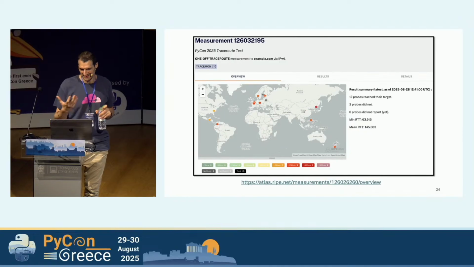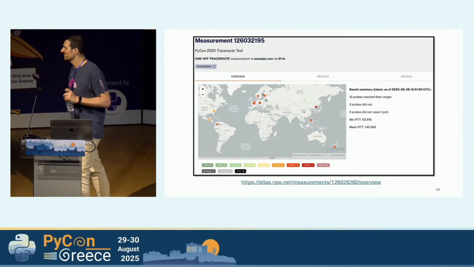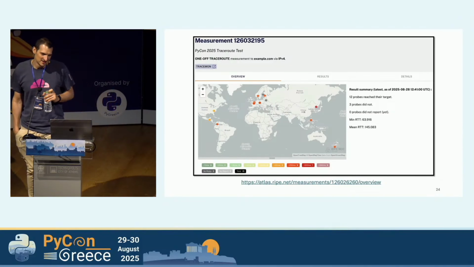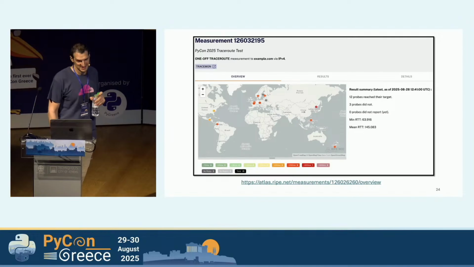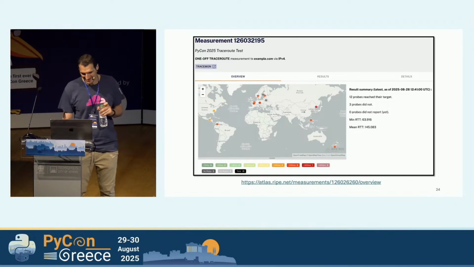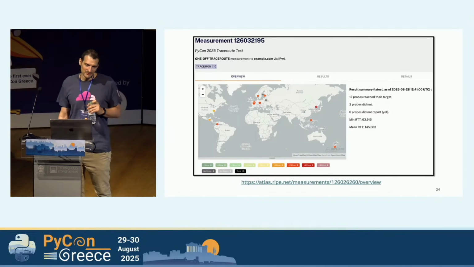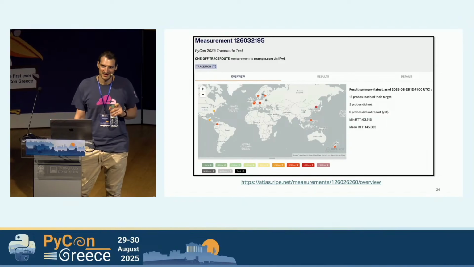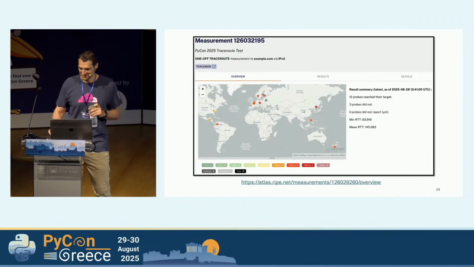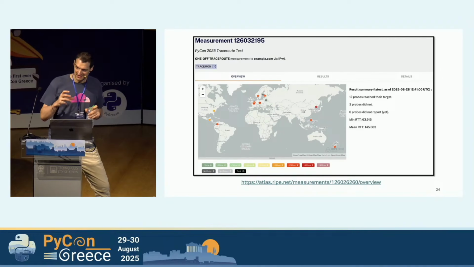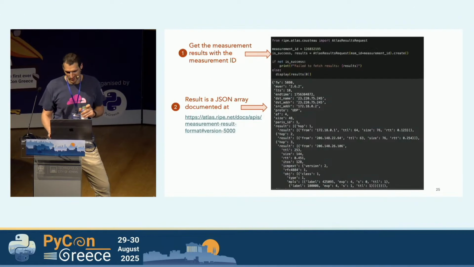And we can go in the RIPE Atlas interface, and we can see our measurements. We can see, for instance, in the map here, which probes have been selected, the round-trip time, and some overview of the results. We can see the detailed results, but again, we want to do it in Python.